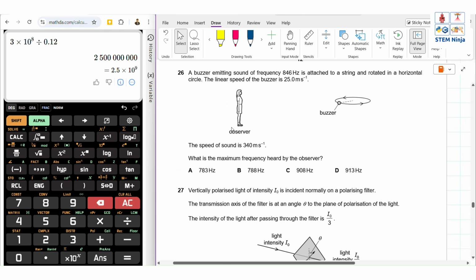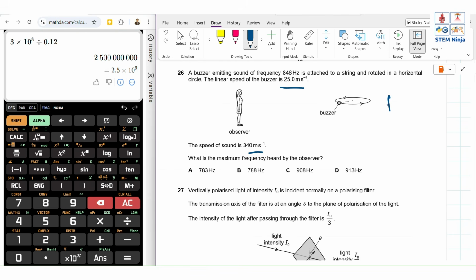A buzzer emitting the sound of frequency 846 Hertz is attached to a string and rotated in a horizontal circle. Linear speed of the buzzer is 25 meters per second. The speed of the sound is 340 meters per second. What is the maximum frequency heard by the observer?